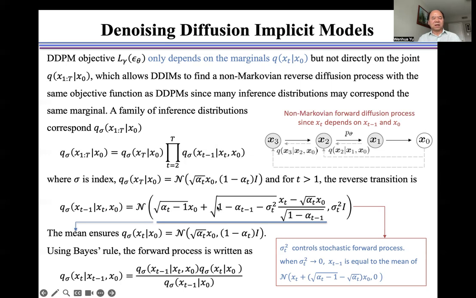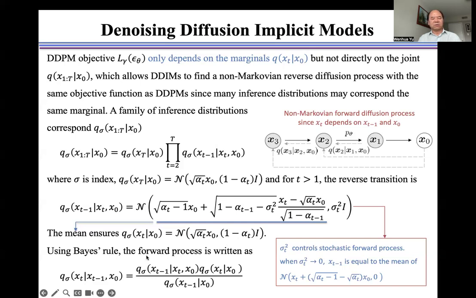The mean here ensures Q sigma is calculated from this kind of normal distribution with this mean and this variance.